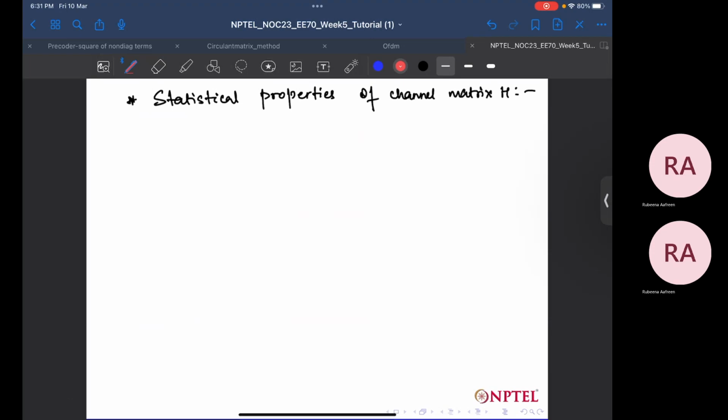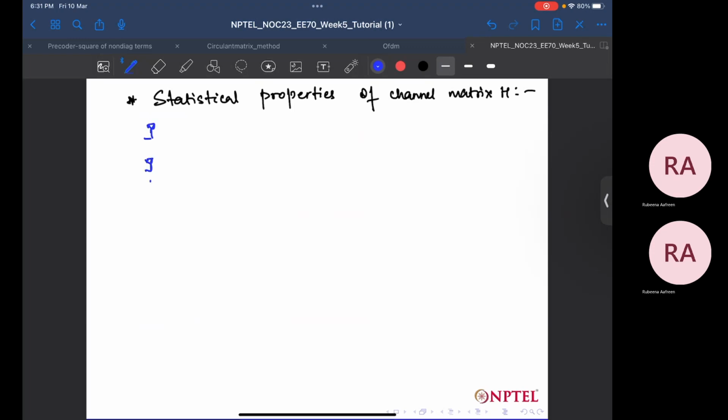Now we will move on to the statistical properties of our channel matrix H. From now onwards, when we are discussing channel matrix, we are not essentially considering it to be spatially white. Okay, if correlation is there, then we will just consider a normal regular channel matrix. Now suppose we have MT transmitters and MR receivers.